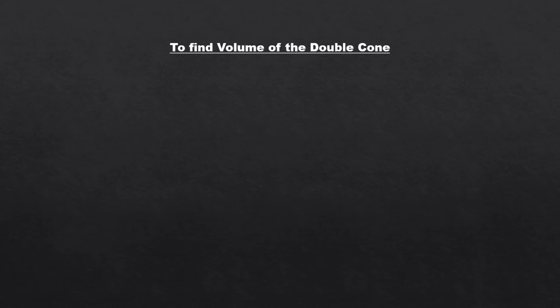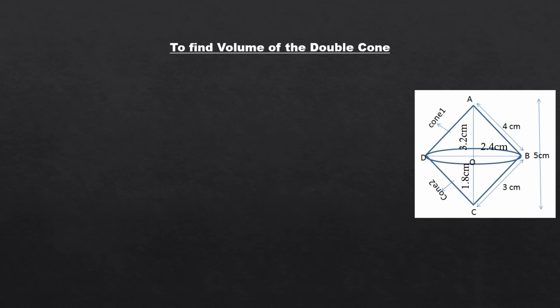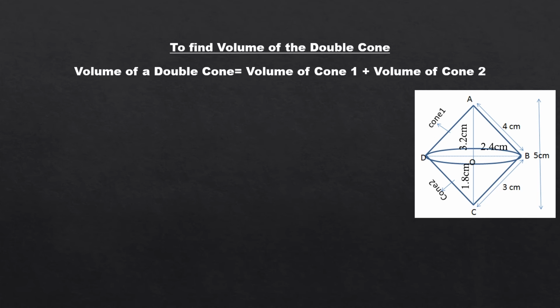Now to find the volume of the double cone, we have the following measurements that we have found in the previous few steps. The formula is simply volume of cone 1 adding up to volume of cone 2. We also take R, the radius, as common for both cones.